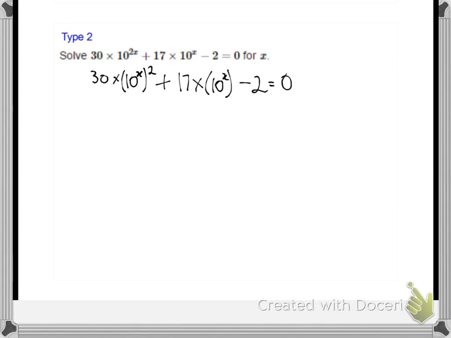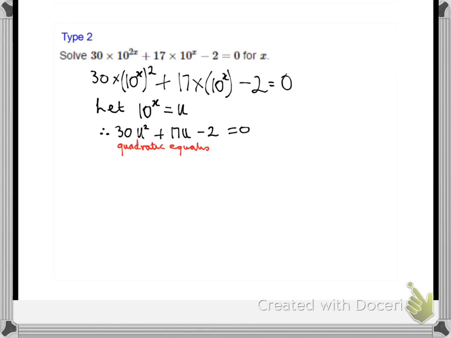So let's replace that 10 to the power of x inside the bracket with just a pronumeral, and let's see what we get. So let 10 to the power of x equal u, and let's rewrite our equation. This is what we get. When you look at that, you say, hey, that's a quadratic equation. It's just a quadratic, and we know how to solve quadratics.